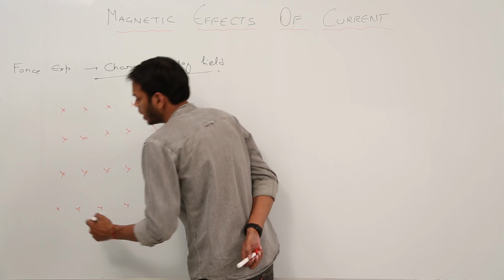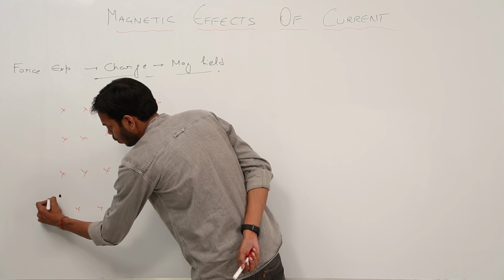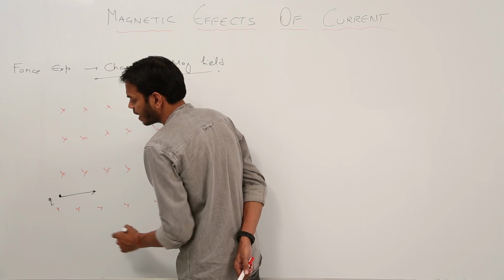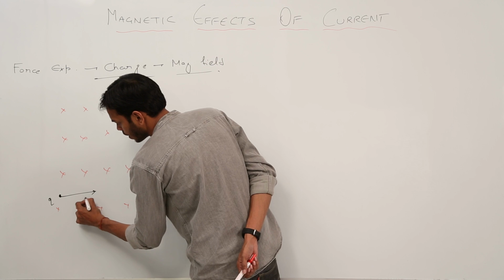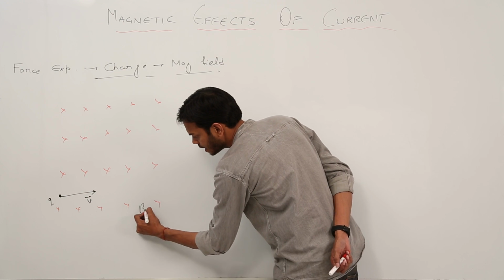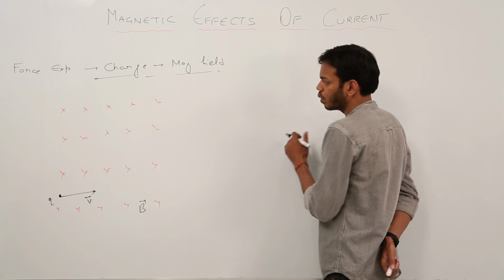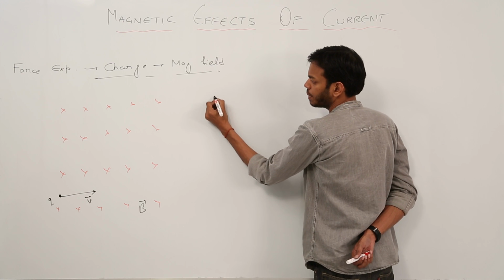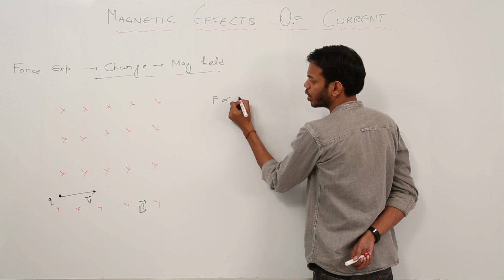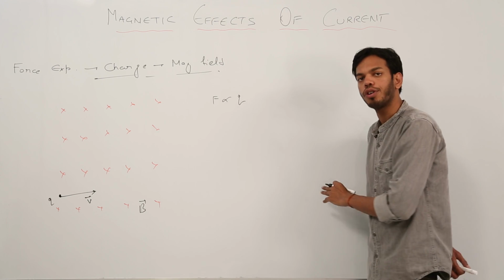For now, consider I have a charge Q which is moving in this uniform magnetic field with velocity v. The magnetic field is B. According to the law of this force, the force experienced by this charge is directly proportional to, first of all, the magnitude of charge.